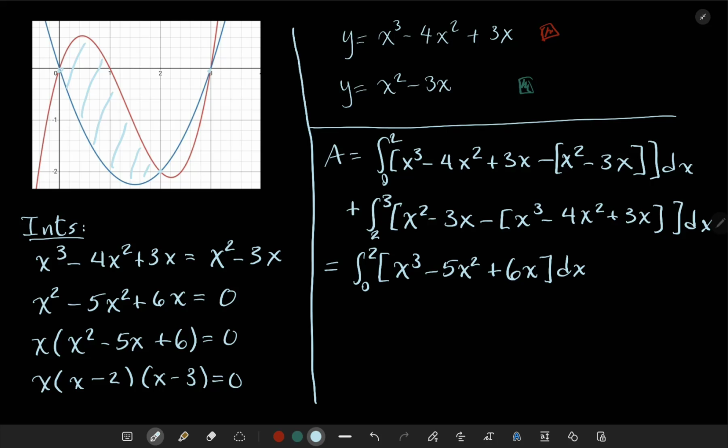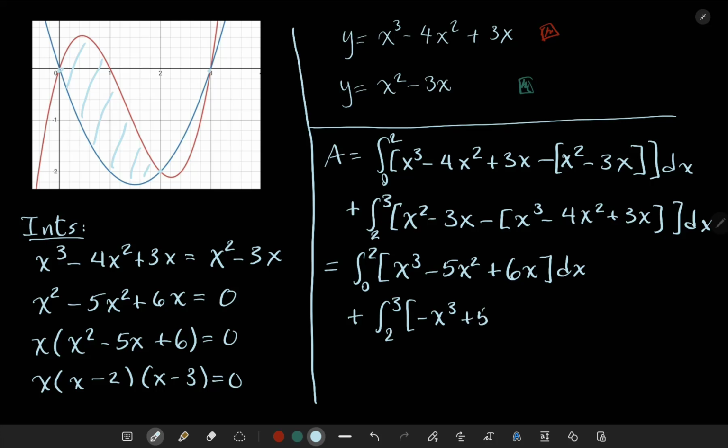And then I'm going to have the same function, but it's going to be always negative numbers, going from 2 to 3. So when you do this one, you're going to have negative x cubed. Then the other one will be minus negative is going to be 4x squared plus x squared is going to be plus.